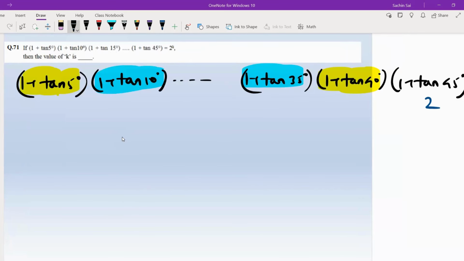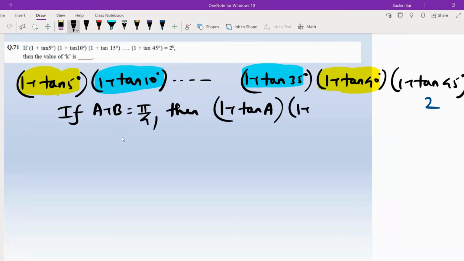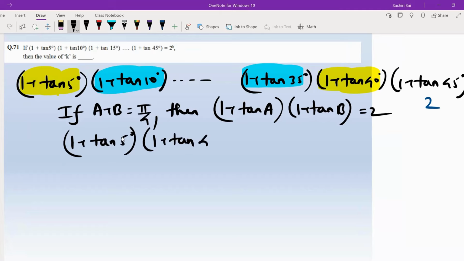So one important result that we have is if a plus b is pi by 4, then 1 plus tan a into 1 plus tan b equals 2, right? So based on that, you can write 1 plus tan 5 degrees into 1 plus tan 40 degrees is 2.